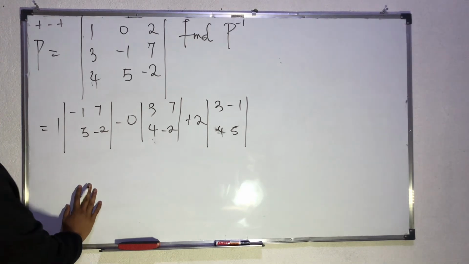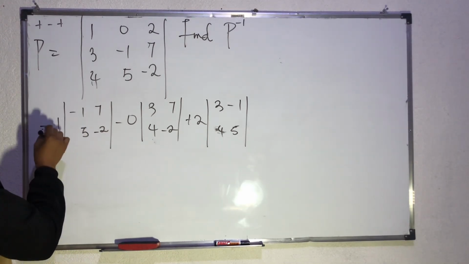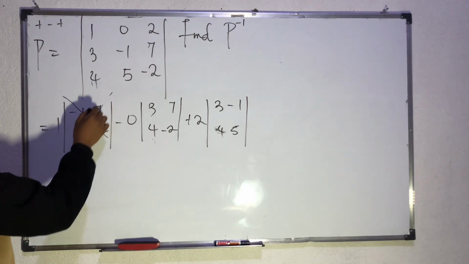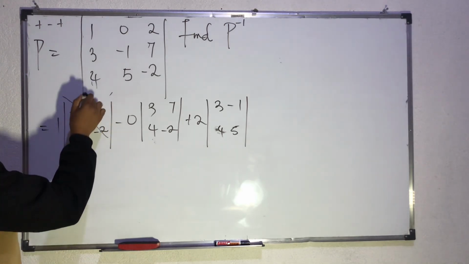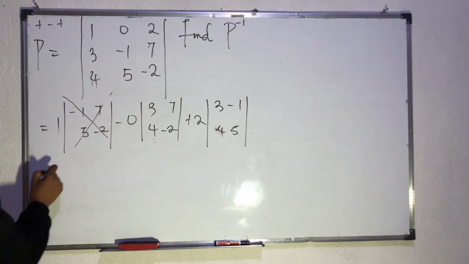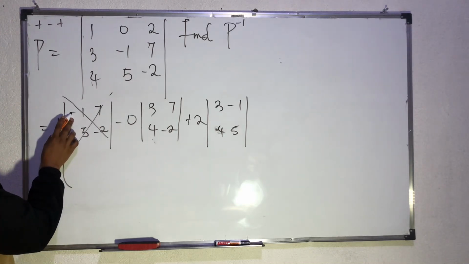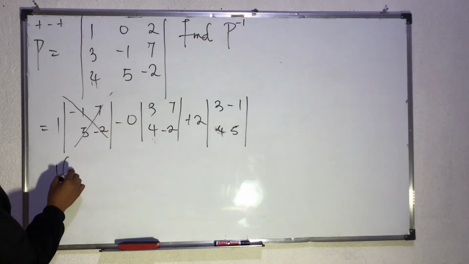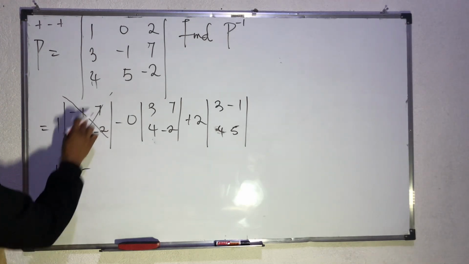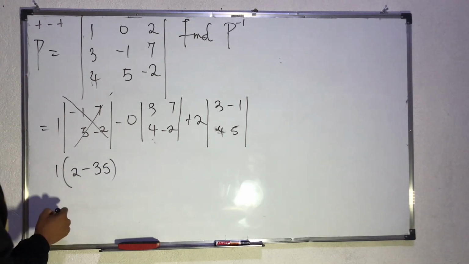Now let's go ahead and simplify this expression. We're going to simply multiply across. This is the major diagonal, and here we have the minor. We are going to subtract the minor from the major, and doing that, we're going to have 1 times: negative 1 multiplied by negative 2 gives us a 2, minus 5 multiplied by 7 gives us a 35.